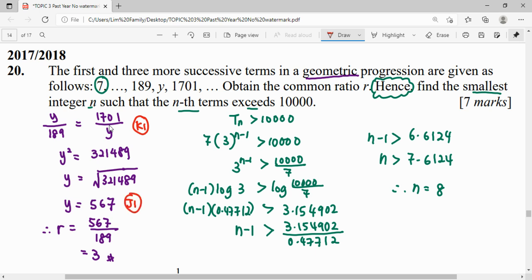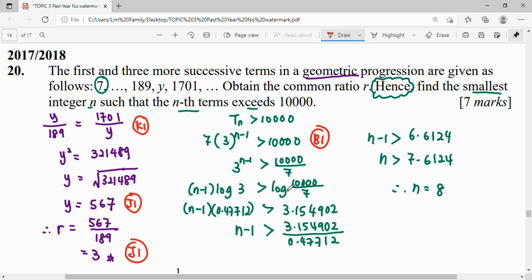Then apply the answer of y in order to find this common ratio. After that, we key in our formula here. We put in our a, our r, and n minus 1, which exceeds, meaning greater than 10,000. So write it correctly.